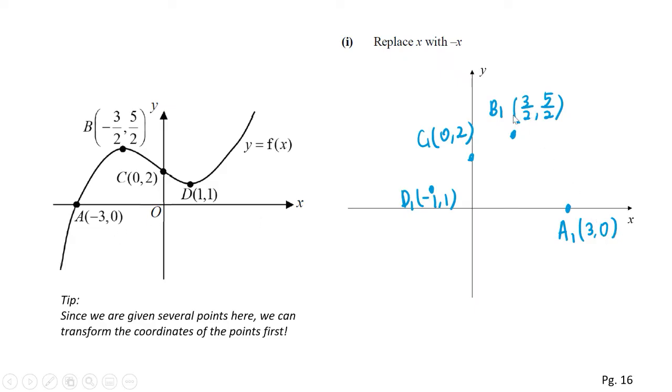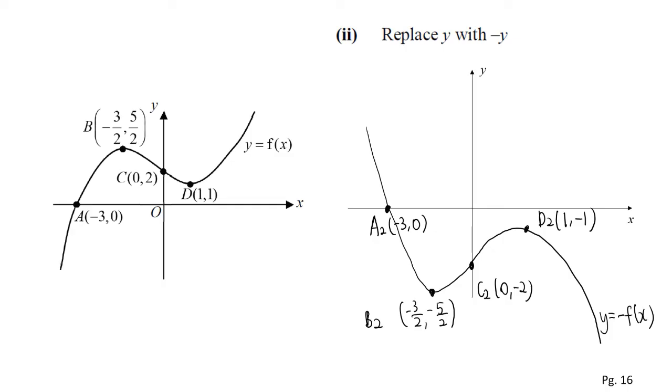B will transform to positive 3 over 2. C will transform to 0. Actually, no change, because multiplying 0 by negative 1 is still 0. And then for D, I will get negative 1. Once you have plotted the points, it's easier to connect them with the graph. Then, of course, label your graph.